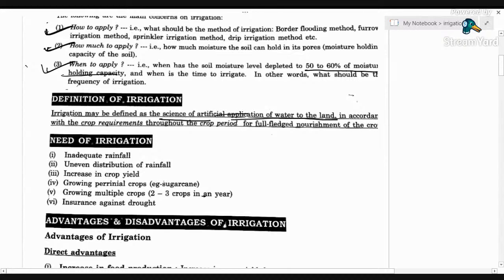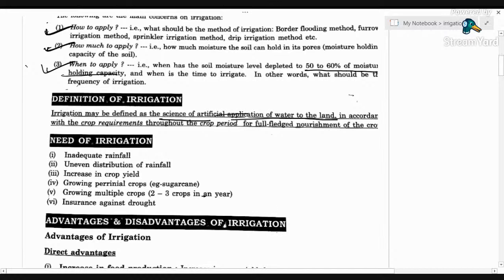Different types of crop have different requirements. There are basically two crops, Kharif and Rabi. Rice wants 90 centimeter of water and sugarcane wants a continuous supply of water, perennial water. So based upon the requirement, we can go for irrigation.